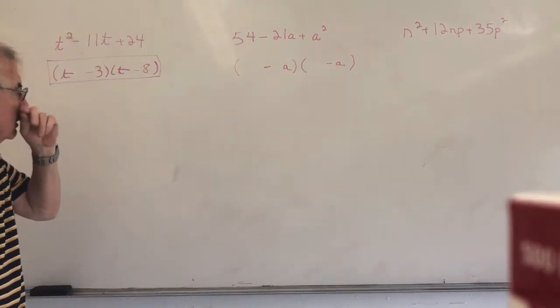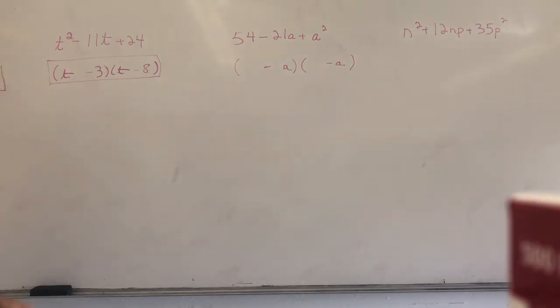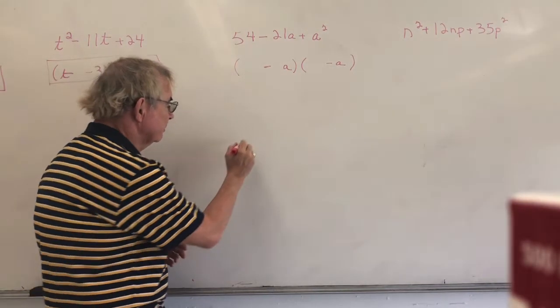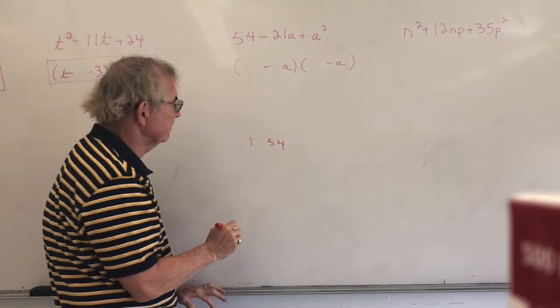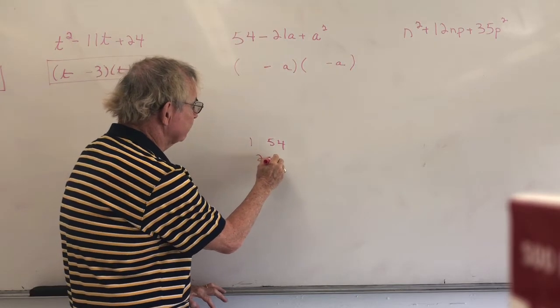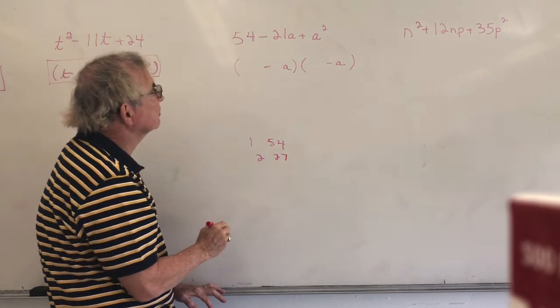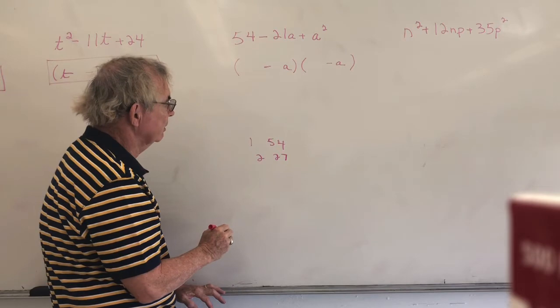Now we need two numbers that multiply to 54 that combine to 21. Well, there's 1 and 54. But if we combine them, it's 55. There's 2 and 27. If we combine them, we get 29.